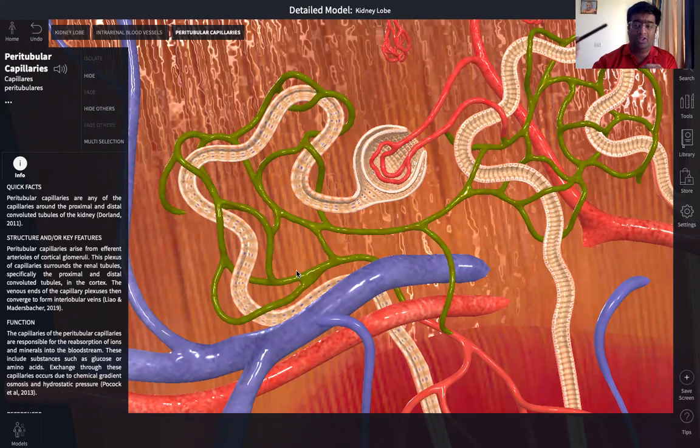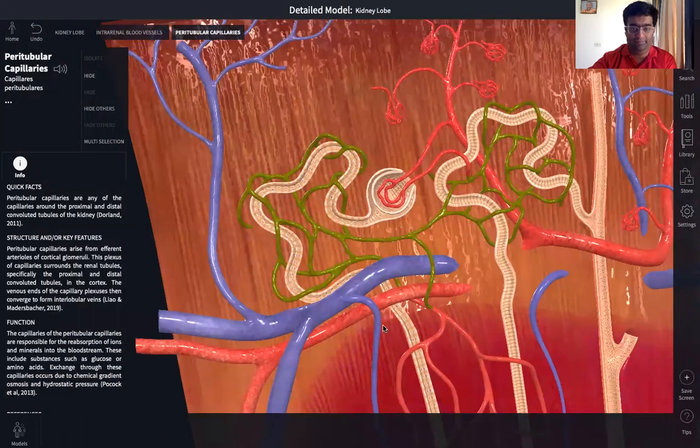So if the blood glucose concentration is higher than 180 milligrams per 100 ml, then that excess glucose will not be reabsorbed. It will be excreted out via the urine. So the presence of glucose in urine is an abnormal condition, which is called glucosuria or glycosuria.